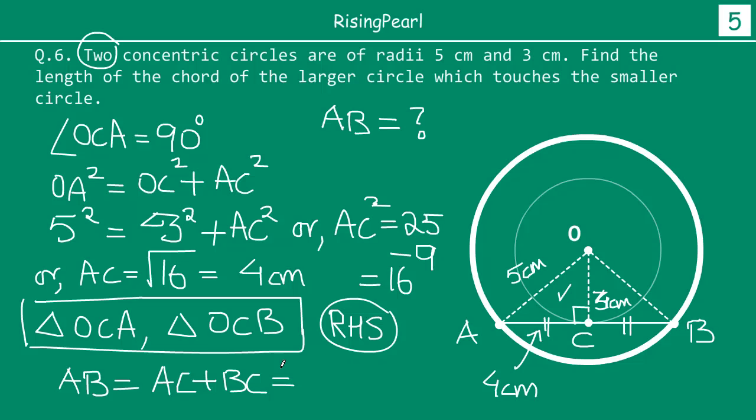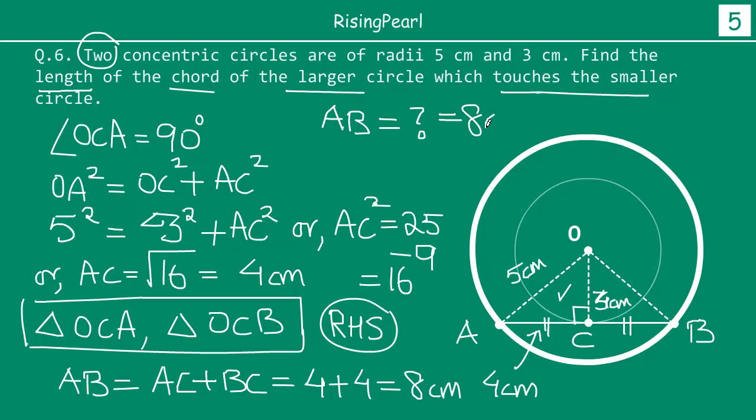Since AC equals BC, they both are 4, so 4 plus 4 is equal to 8 centimeter. And hence we can say that the length of the chord in the larger circle that touches the smaller circle is 8 centimeter.